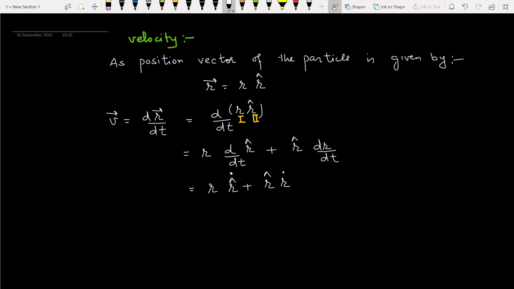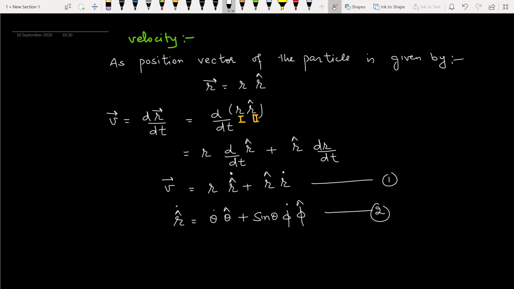So as in the previous article we have derived r cap dot and it is equal to theta dot theta cap plus sin theta phi dot phi cap.